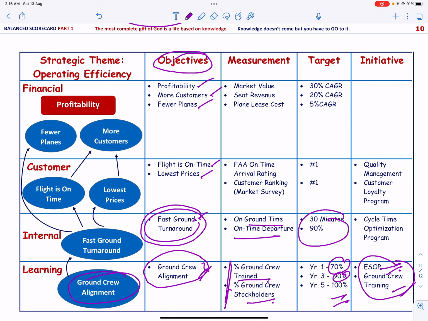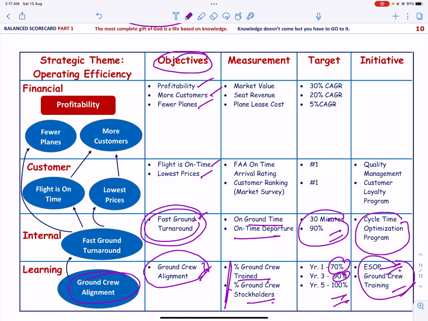The company's initiative in this regard will be to have a cycle time optimization program to monitor the time and make sure to reward employees based on that initiative. So Southwest Airlines is able to shorten the arrival and departure time by 30 minutes, and this will make the customers very happy.